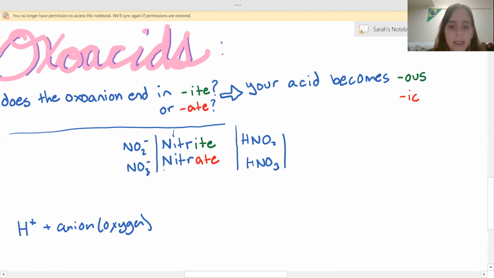So let's say we add a hydrogen to nitrite, making it an acid. Following this rule, nitrite becomes nitrous acid. And nitrate, following these rules, becomes nitric acid.